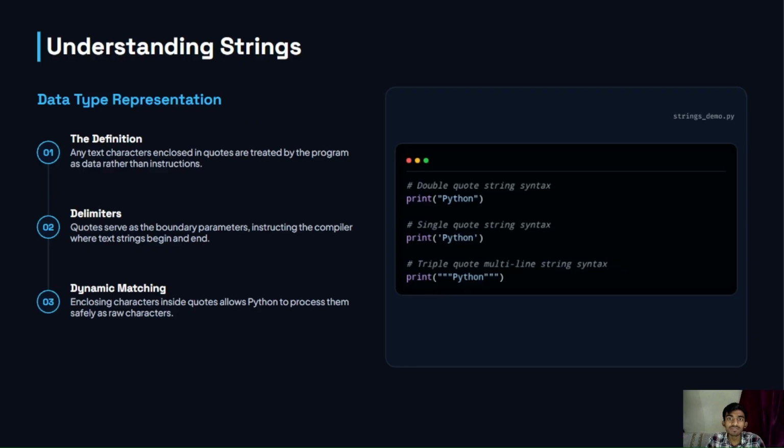Now let's talk about strings, as we have already seen them several times in this video. But what exactly is a string? I have mentioned strings many times. So what literally does the word string mean? A string simply means text. Whenever we write anything inside quotation marks, like "hello Python", Python will be considered as a string.